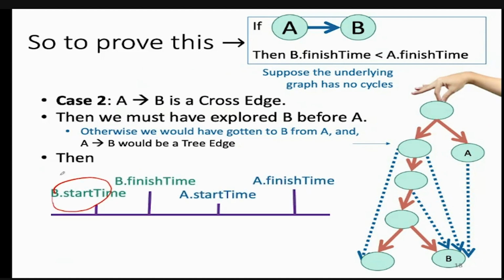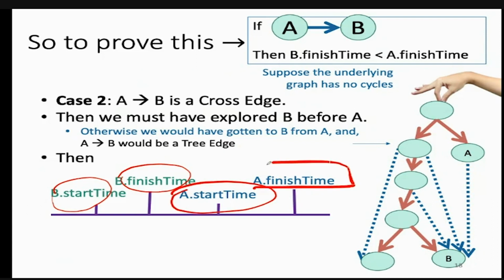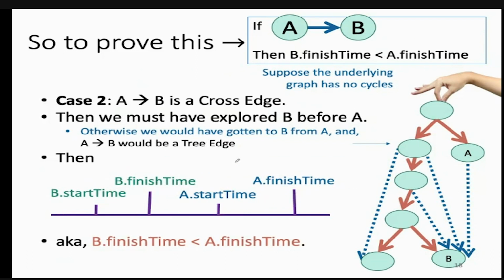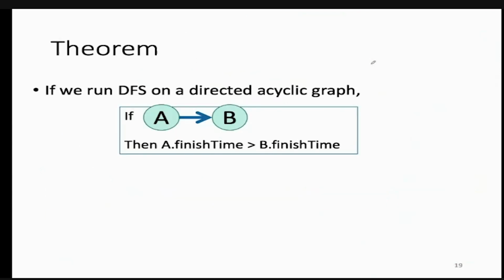So B will start, B will finish, and then at some point of time A will start and A will finish. So we are interested in only these two values. The finishing time of B is less than the finishing time of A. So in all three cases, for tree edge or forward edge or cross edge, we have got that the finishing time of B is less than the finishing time of A. So we have got what we want.